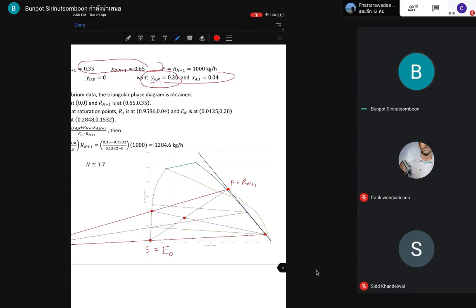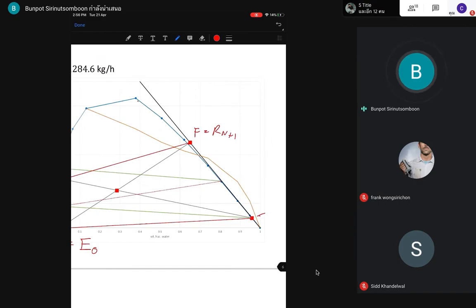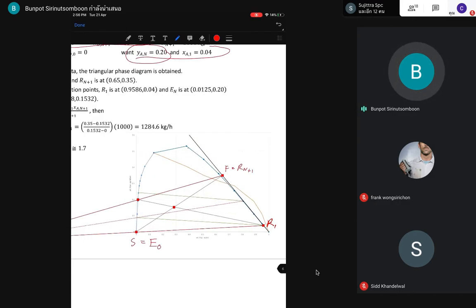Okay, so this point right here is our R1, at XA1 equal to 0.04. It is the raffinate that leaves stage 1. So we get the information here, R1.